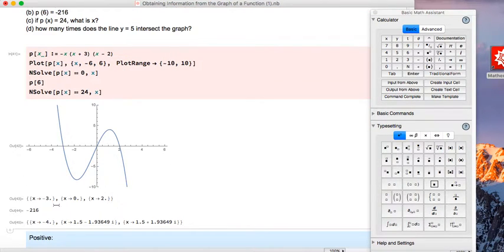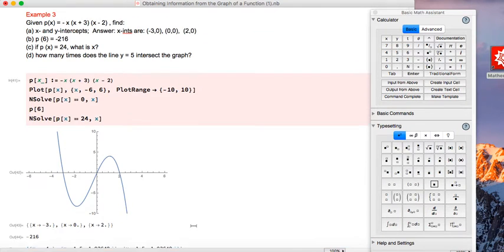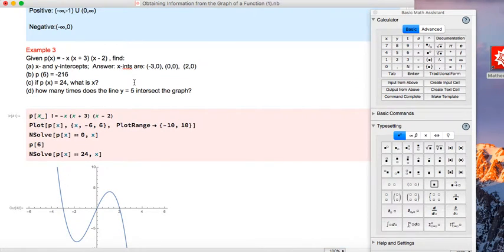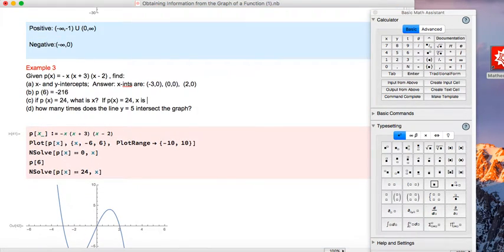Here we can say x equals negative 4, and x equals 1.5 minus 1.94i, and x equals 1.5 plus 1.94i. Both of these two are imaginary numbers. So for the real solution, x equals negative 4. So if p(x) equals 24, x is negative 4.